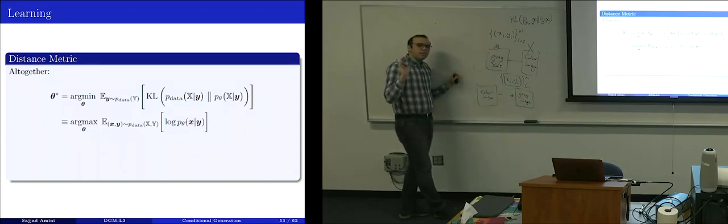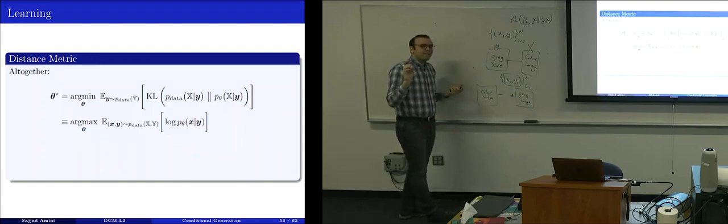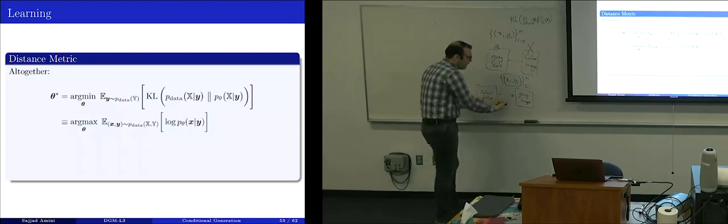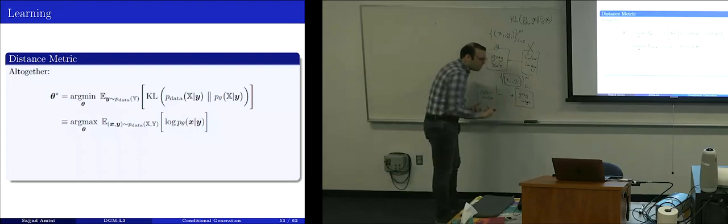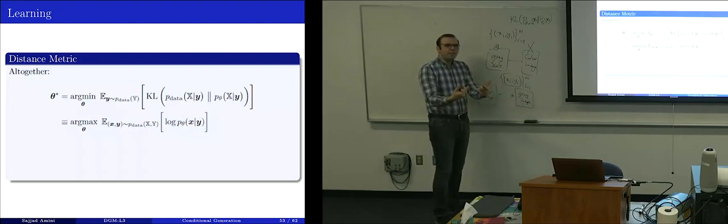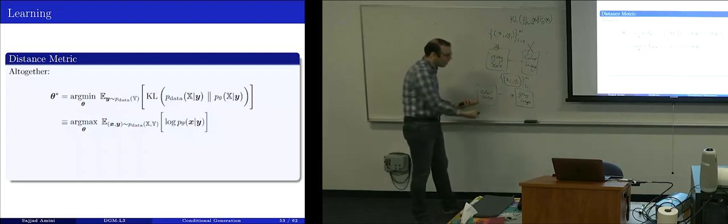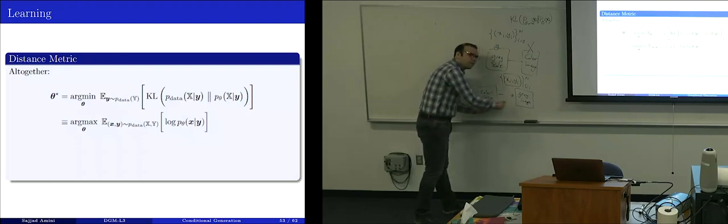In the true data distribution sense, if you input these two images into your model, what do you expect? Do you expect it to give a high probability or low probability? High probability, because they really correspond to each other.